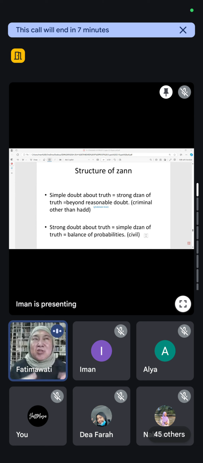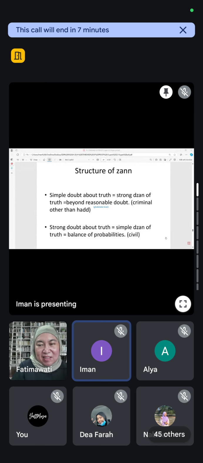Throughout kita punya semester ni kita akan deal dengan balance of probabilities ke beyond reasonable doubt. Tu je, criminal or civil. So kalau criminal, it will be beyond reasonable doubt. Kalau civil, case small, it will be on the balance of probabilities. Boleh? Boleh tak? Boleh, madam.